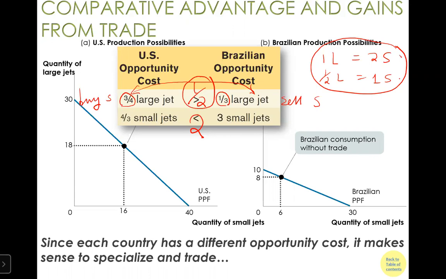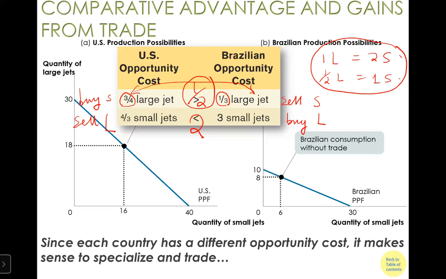So Brazil is going to make profit and the US is going to save money. Okay, and there's the other side of the story. So this two is larger than 4/3 and smaller than 3. And then the US is going to be happy to sell large and Brazil is going to be happy to buy large, right? And so for the US, they can make extra profit. For Brazil, they are going to save extra resources, right?